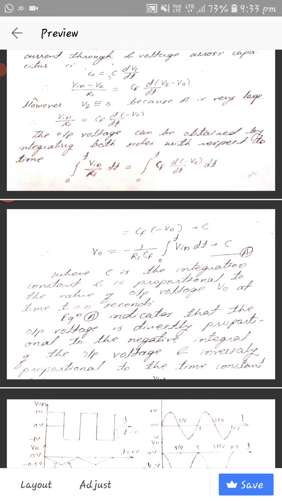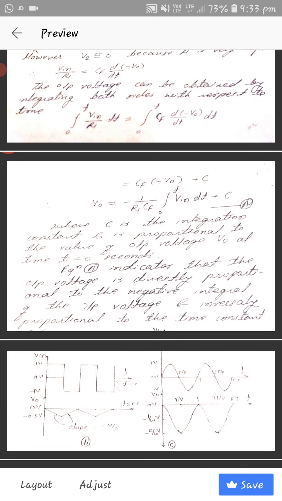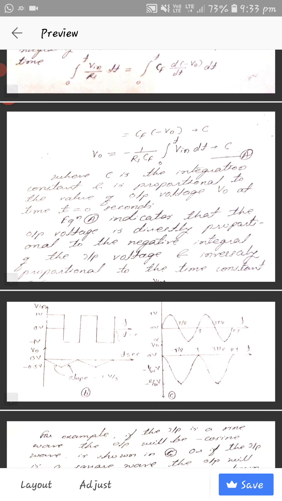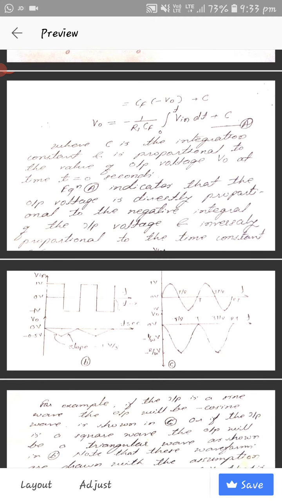The integral of Vin/R1 dt equals the integral of CF d(-V0)/dt dt. Therefore the output voltage V0 = -(1/(R1 CF)) times the integral from 0 to t of Vin dt, plus C.